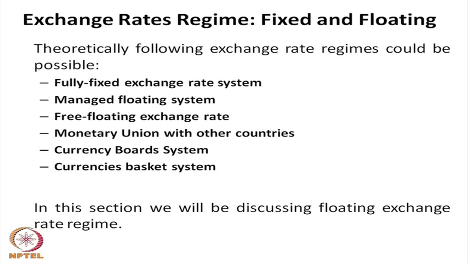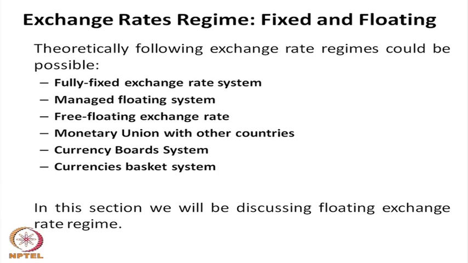So, the fully fixed and freely floating are the extremes. In between, managed floating means there is a floating rate and the country tries to adhere to an exchange rate. Monetary union with other countries means there are currency basket and currency union possibilities. Currency basket means a country has a basket of foreign currencies and tries to keep its domestic currency linked to this basket. Currency board is similar to the currency basket type.